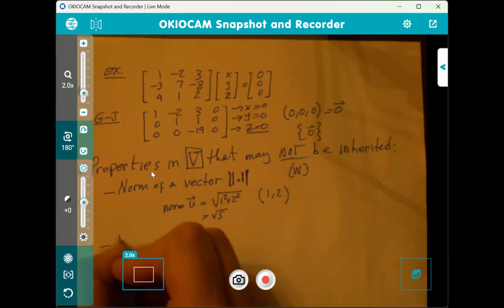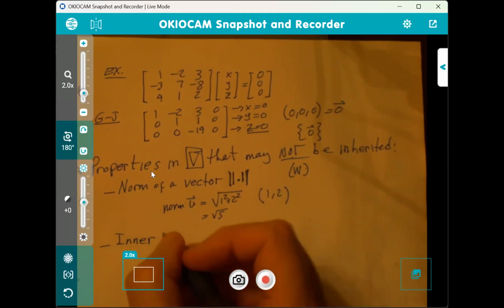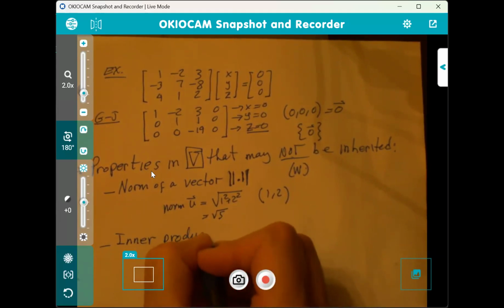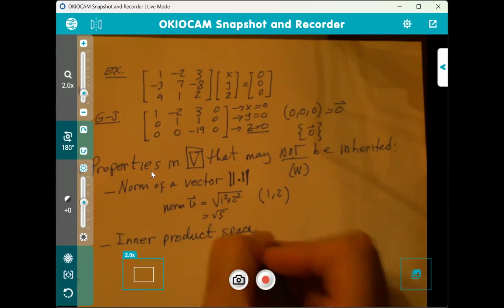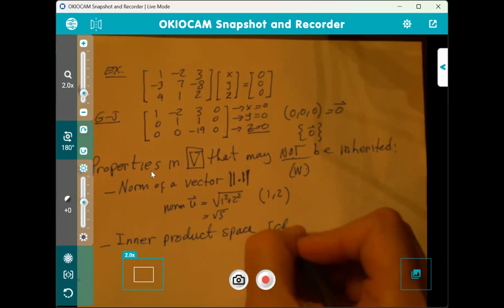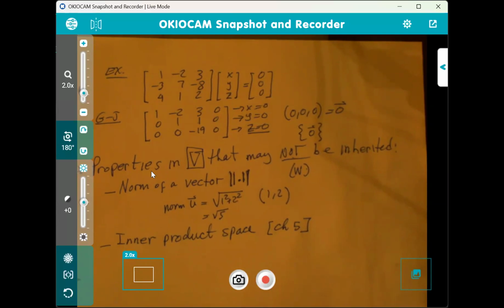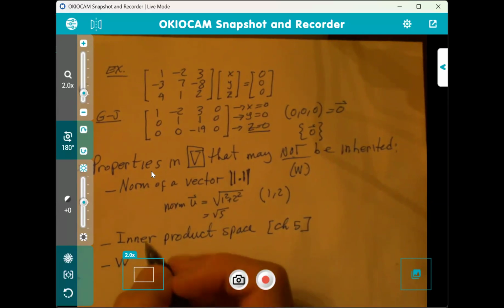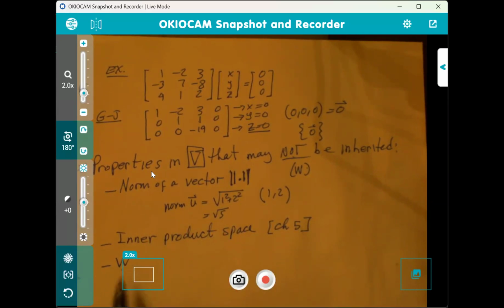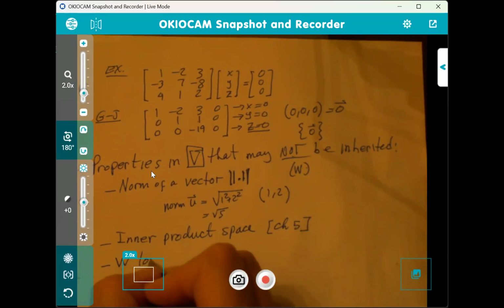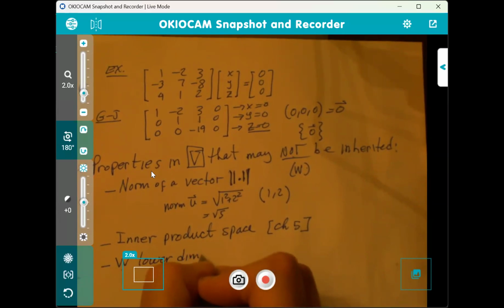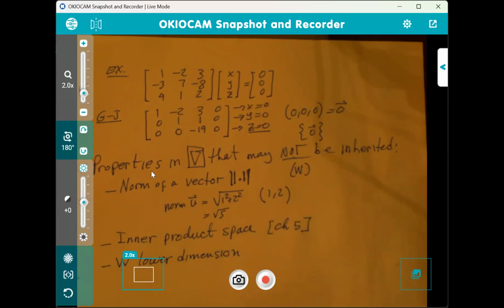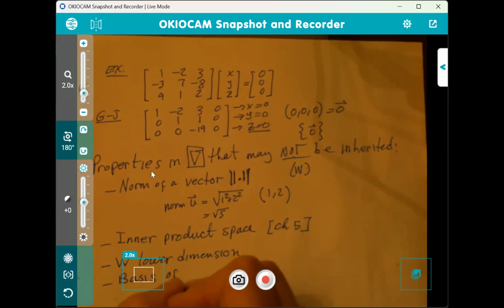The other thing that's not inherited is the inner product space. Now, inner product space, this would be in chapter 5. We talk about those. Those are not inherited. And also some of the things about this, usually W, the subspace, has a lower dimension than V. The basis is not inherited, the basis of a vector.